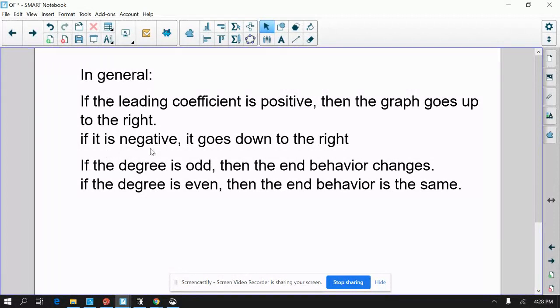If the leading coefficient is negative, then it's going down to the right. It's all about the right-hand side. And if the degree is odd, then the end behavior will change. But if the degree is even, then the end behavior is the same.